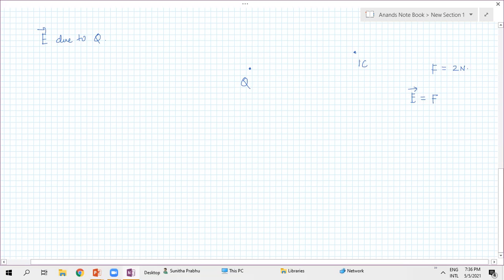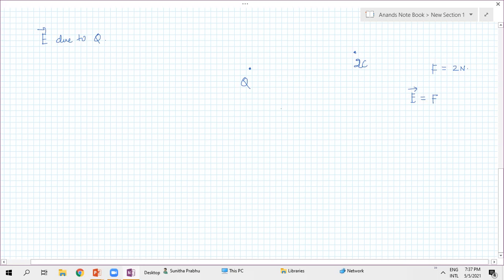And this instead of 1 coulomb, now I'll just change it to 2 coulombs. Then how will you do that? So it'll be 2 Newton by 2 coulomb, right? Very good, very good. That's all, okay? Because we are telling F is equal to 2 Newton.